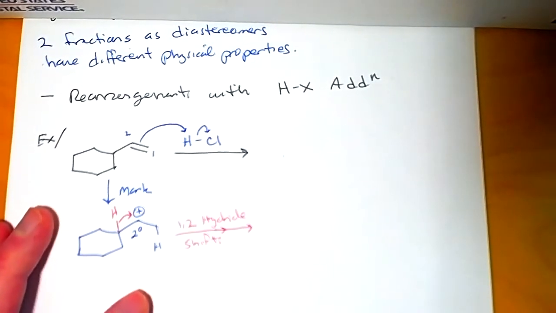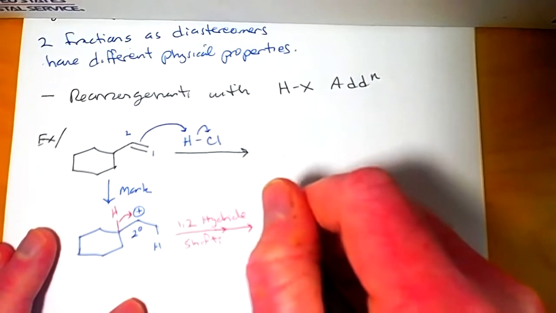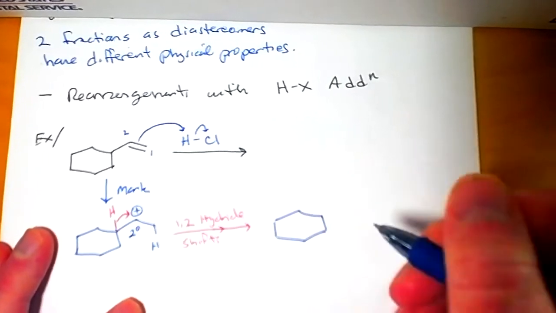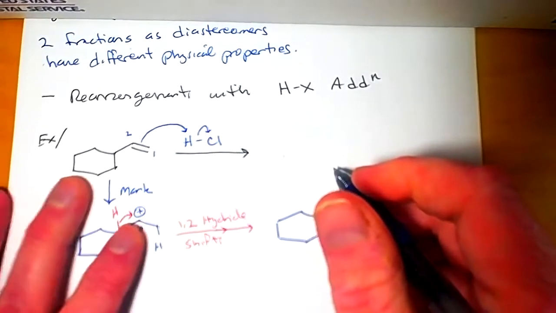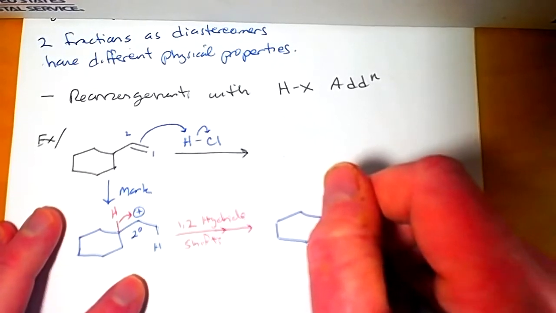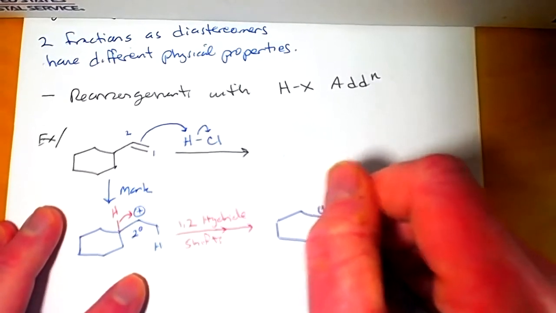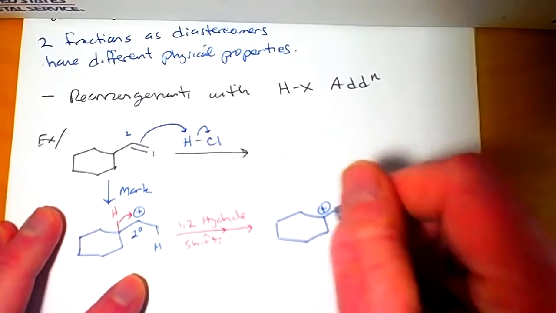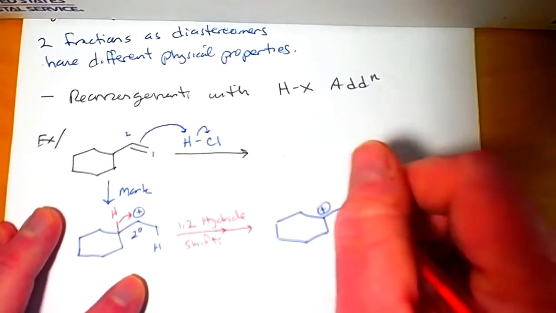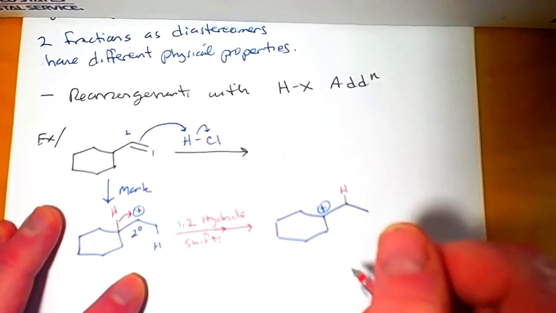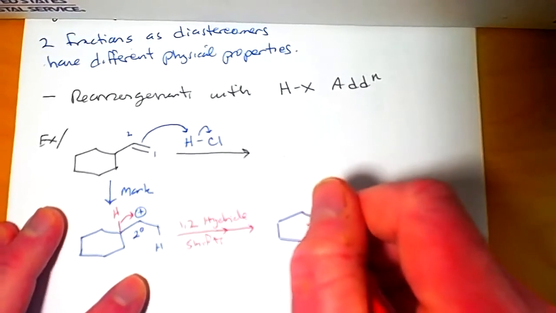Now that is going to give us this carbocation, which is going to be on this position, as that hydrogen atom will have moved over to here. And now that is a tertiary carbocation.